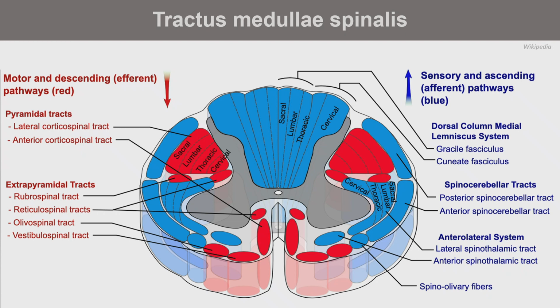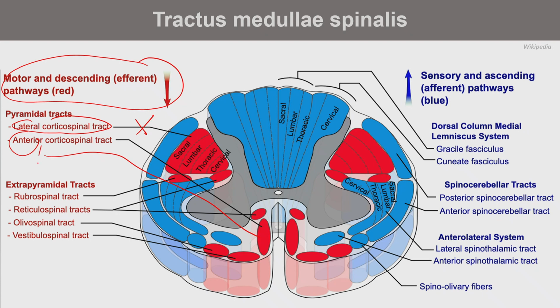So when we look at the spinal cord organization, here are some ascending and descending tracts. For motor stimulation, they are here in red. Those pathways go down and they are pyramidal. We know them now. Pyramidal is lateral, crossed, and anterior, which is uncrossed.